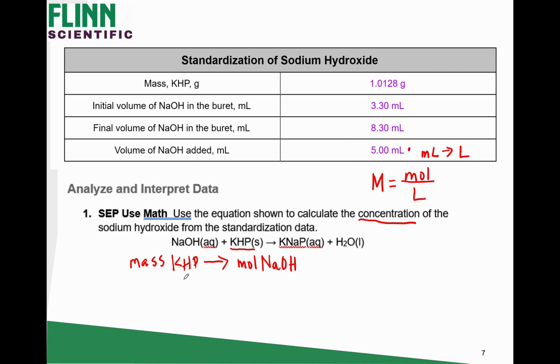Then you're going to set up a stoichiometry problem that goes from the mass of KHP, which is right here, to moles of sodium hydroxide. Then you take that answer and put it into your molarity formula, and that way you can have the correct concentration of sodium hydroxide.